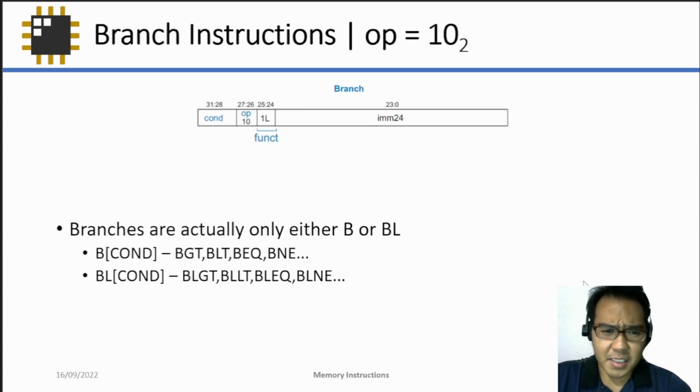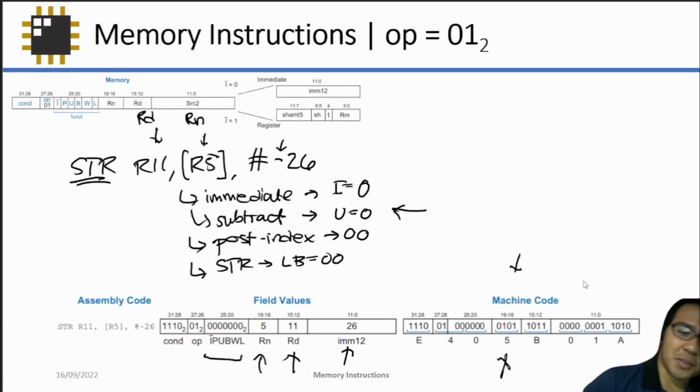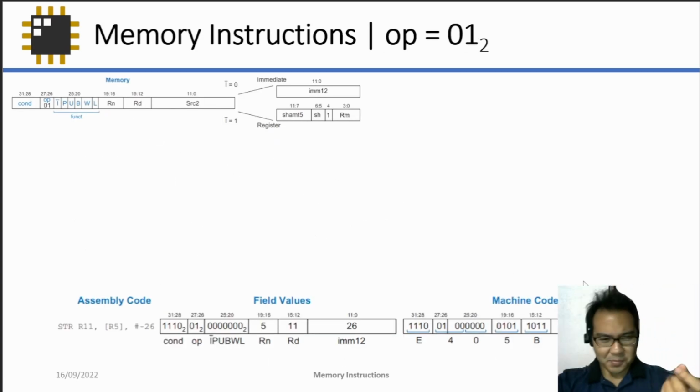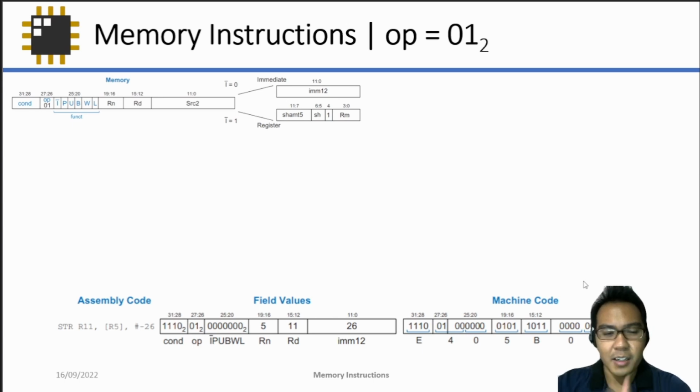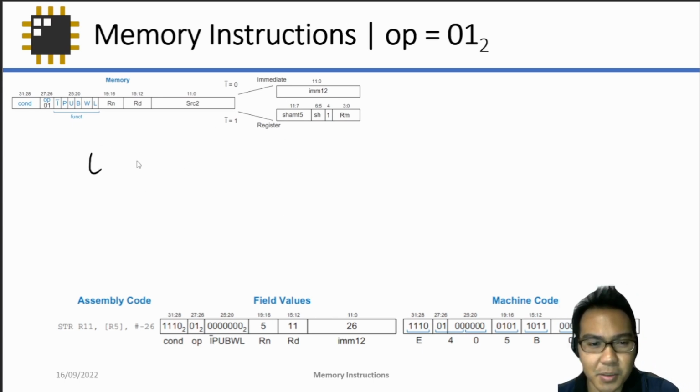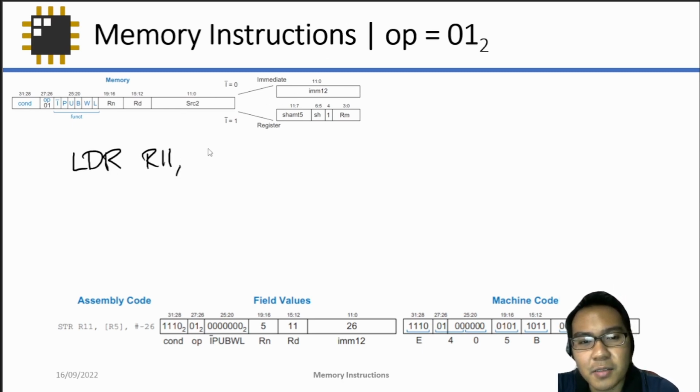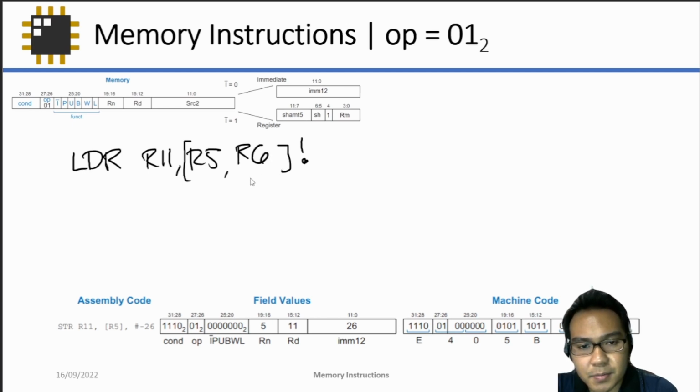Next, branch instructions. Okay, let's look at another load instruction first. So load register, say R11 or 5. Let's make this pre-index of a register.